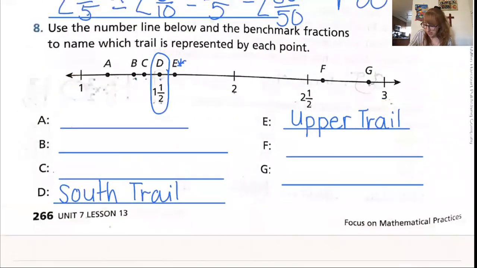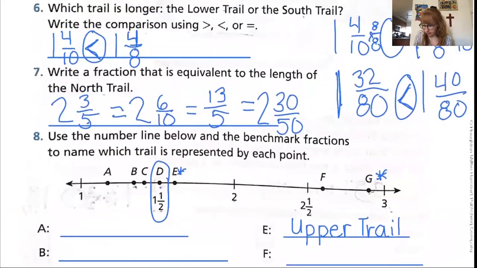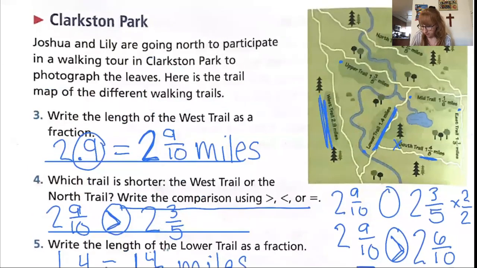Now, if we go to G, G is very close to 3. Not quite to 3, but it's very, very close. So we need a trail that is close to 3. Our two trails that are in 2 are 2 3/5 or 2.9.